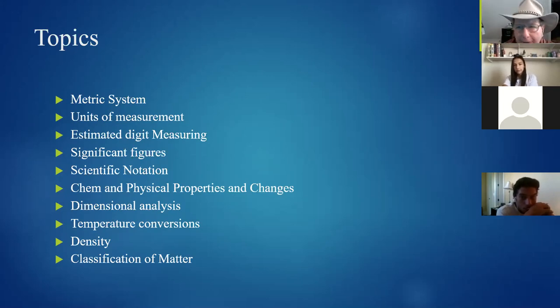Are these topics ones that you have covered before? Yes. And keep in mind, I know what the curriculum for Intro to Chem is. Is there anybody that has something on this list that they haven't covered before? I'm hearing crickets. Crickets are good because crickets mean I can go through this stuff really fast.